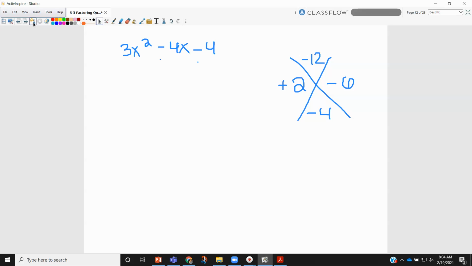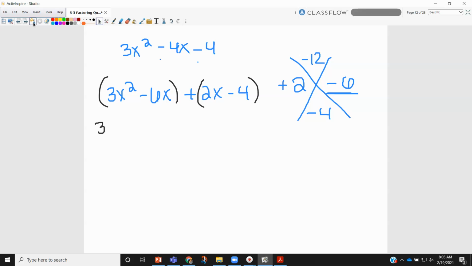If you have a single negative factor, I always write my negative factor first. So I'm going to write negative 6x plus 2x minus 4. So if I only have one negative factor in my magic x, I always write it first, because then I don't have to worry about grouping in my negative.